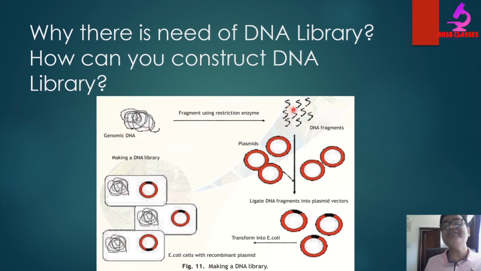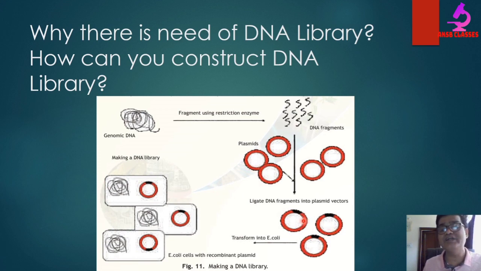You will get different fragments of DNA, and each fragment we can join with the plasmid of a particular bacterial cell, suppose E. coli bacteria. So suppose there are 9 fragments, so you would take 9 plasmids, and each plasmid you will put in each bacterial cell.